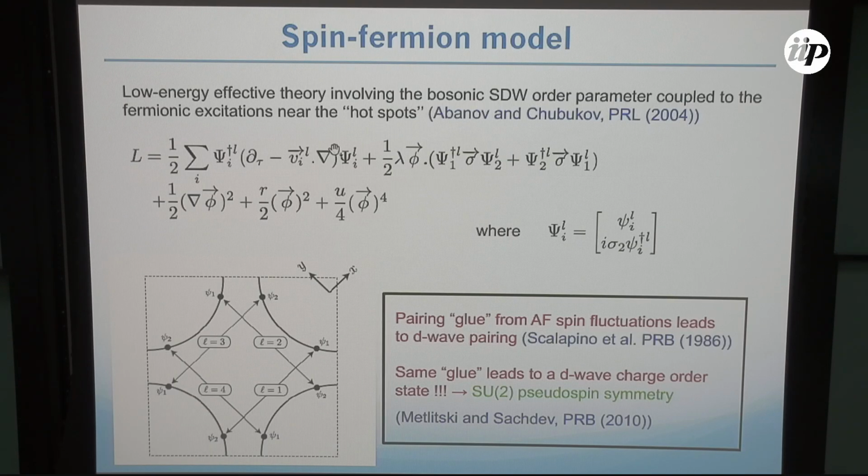To model the cuprates, you can, of course, decouple the Hubbard U using a Hubbard-Stratonovich transformation and derive a low-energy effective theory involving both the bosonic SDW order parameter and fermionic excitations near the hotspots. So this is the so-called spin-fermion model.